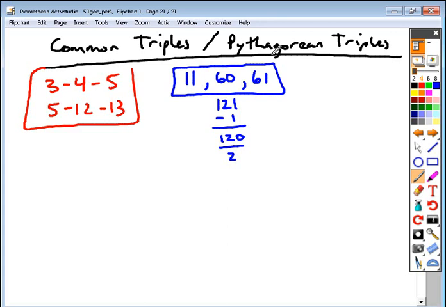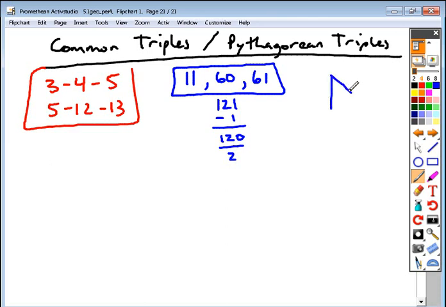The one other thing that you need to know about common triples that can help you in working through problems is, again, odd numbers as the first leg length can yield common triples. However, if you have an even number, you can also find common triples by using the properties of similar triangles.